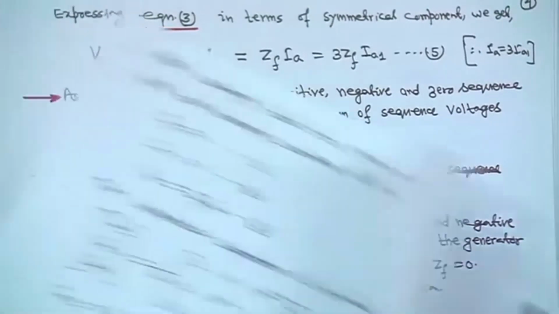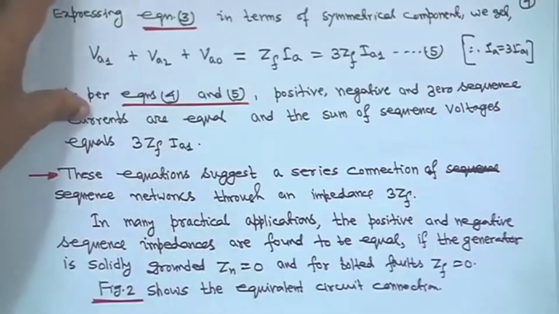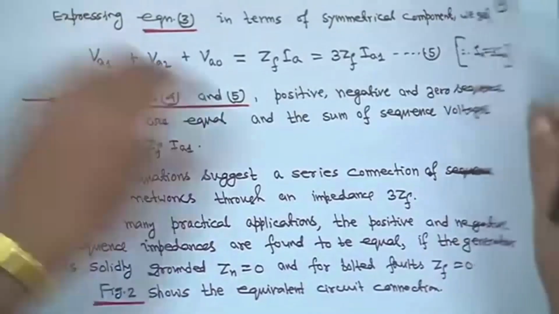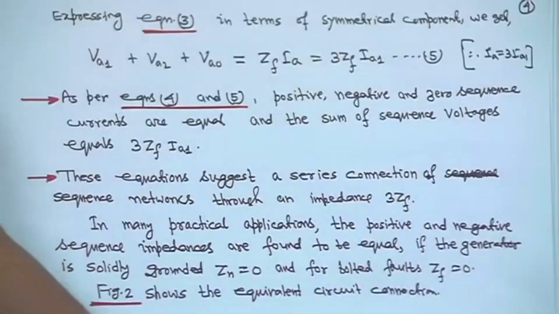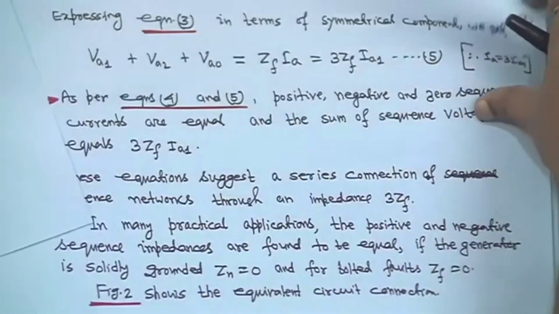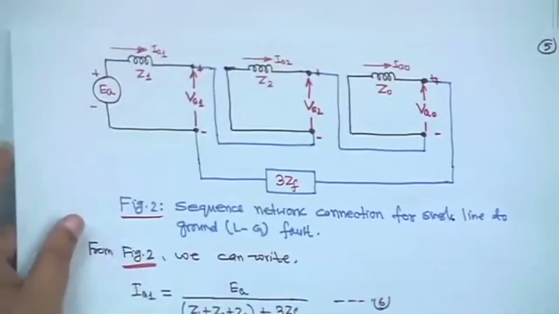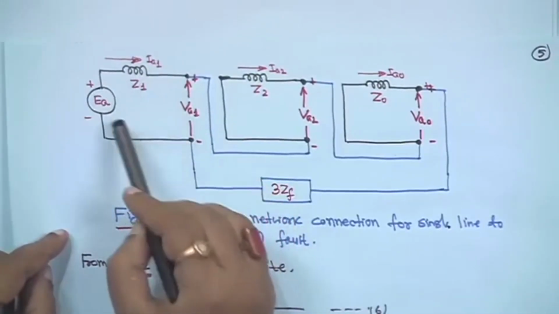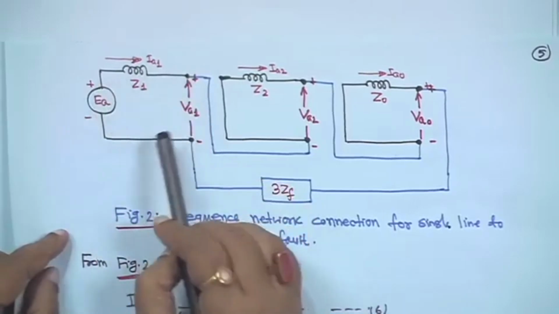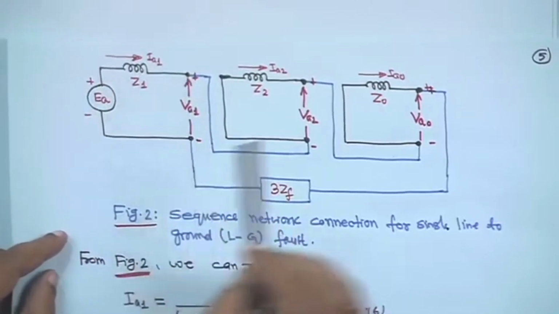So how have we made this connection? You will make it like this. First, it is a series connection. First, in black ink, this is your positive sequence network.